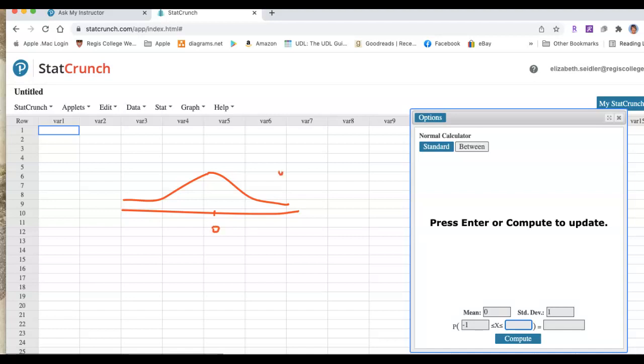We have a significance level of, I think I said 0.05.